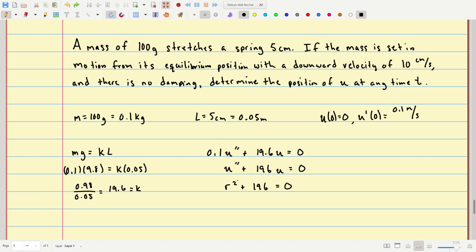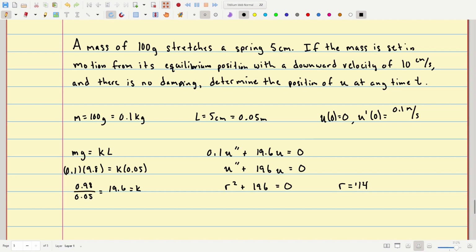All right. So R squared is equal to negative 196, so R is the square root of 196, which is 14. So nice round number, even though things didn't look like they were going to go that way.